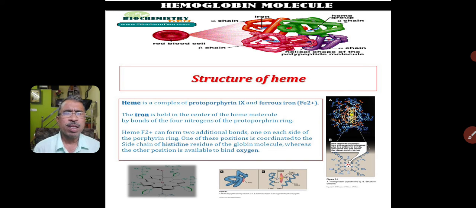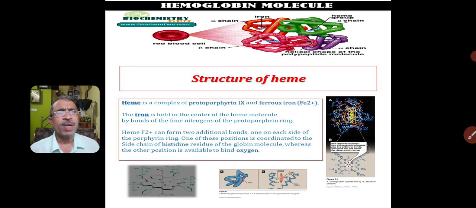The heme ferrous ion can form 2 additional bonds, one on each side of the porphyrin ring. One of these positions is coordinated to the side chain of a histidine residue of the globin molecule, whereas the other position is available to bind oxygen.